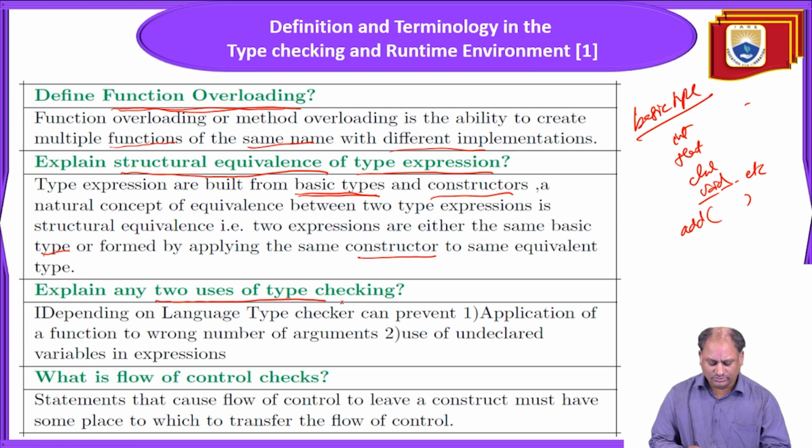What are the two uses of type checking? Generally this depends on the language's type checker. The first is application of a function with the right number of arguments, and the second is use of undeclared variables in an expression.